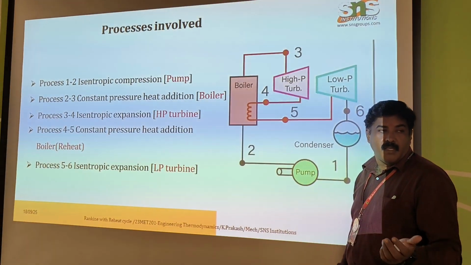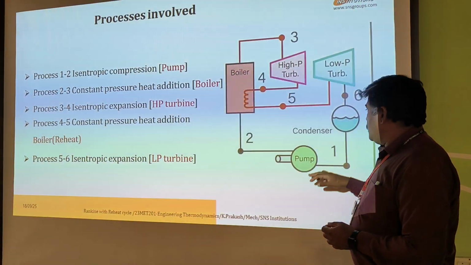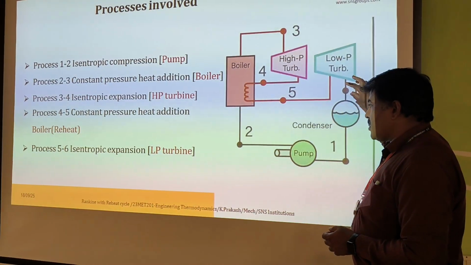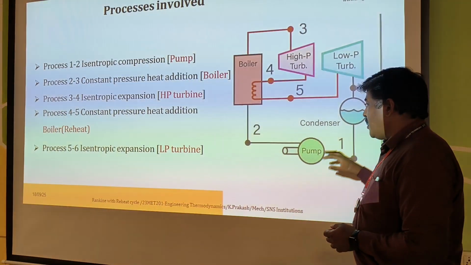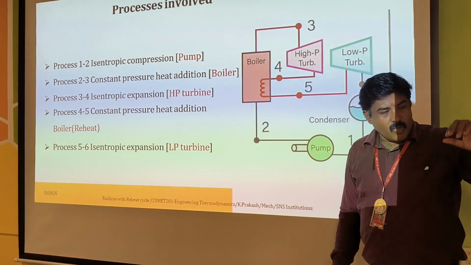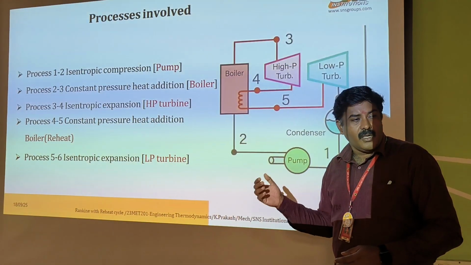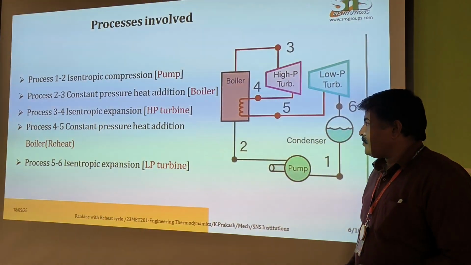Isentropic expansion takes place in the turbine, and then in the low pressure turbine, the same constant pressure heat addition and then expansion takes place. So expansion is isentropic, and heat addition and rejection take place at constant pressure.